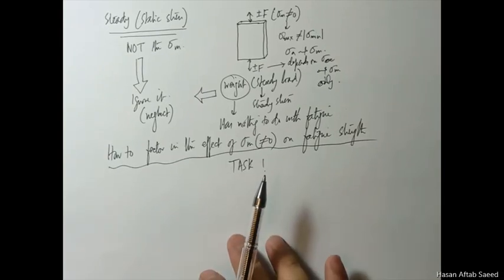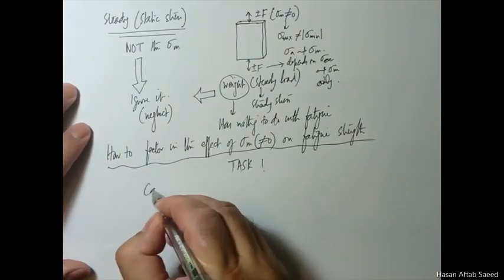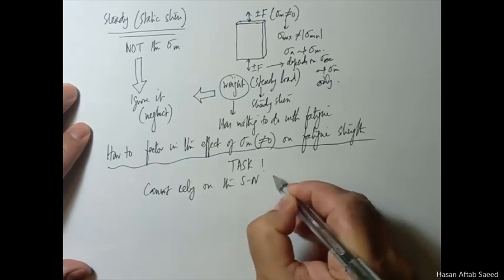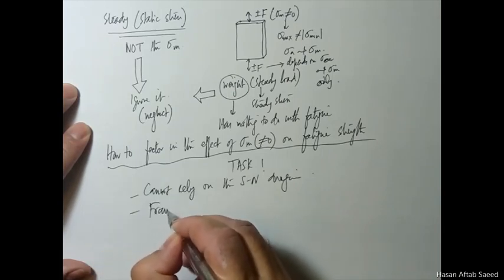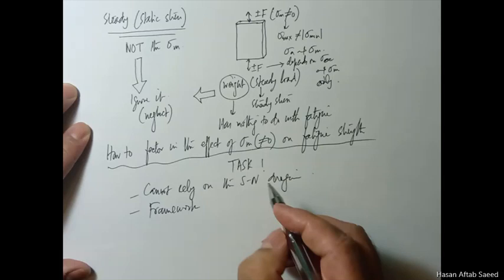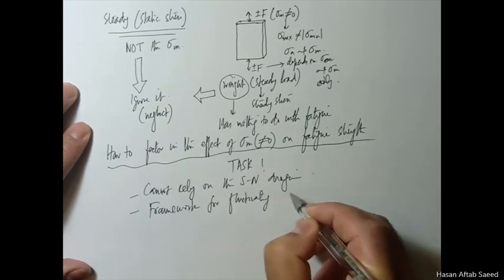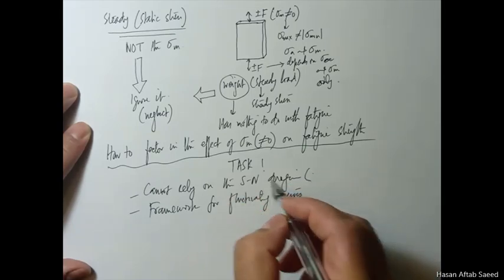Now if your case is not fully reversed but fluctuating, and you are required to design something for infinite life or finite life, then you cannot rely on the SN diagram. So we need a framework for fluctuating stresses.